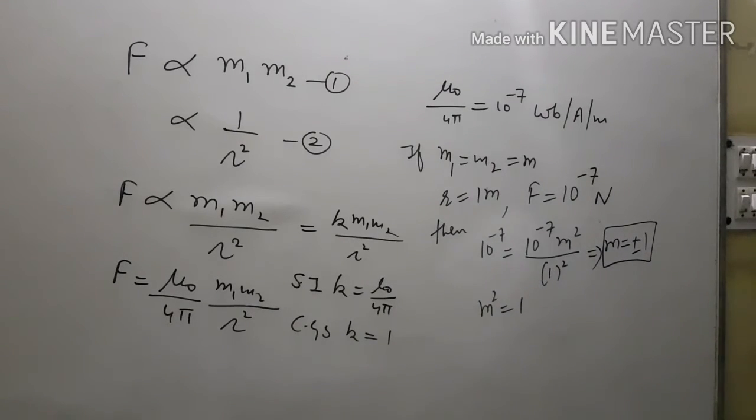It means the pole strength will be 1 ampere meter.